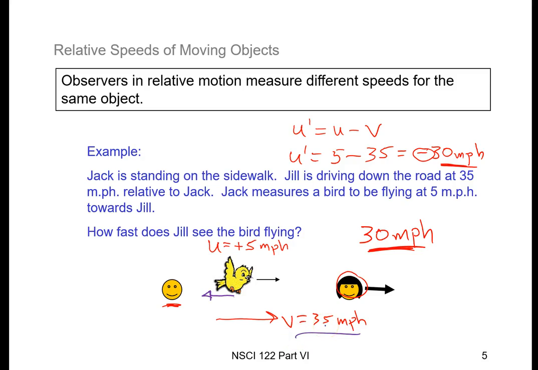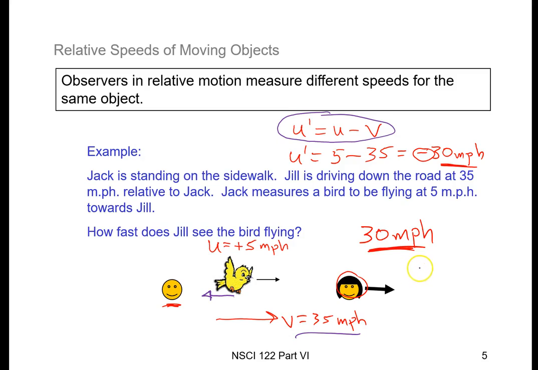Well, now the distance between Jill and the bird is getting bigger, but it's getting bigger at a faster rate than it was when the bird was flying towards her. So I think she's going to see it definitely going to the left, but at 40 miles per hour. And that is predicted by this equation right here.